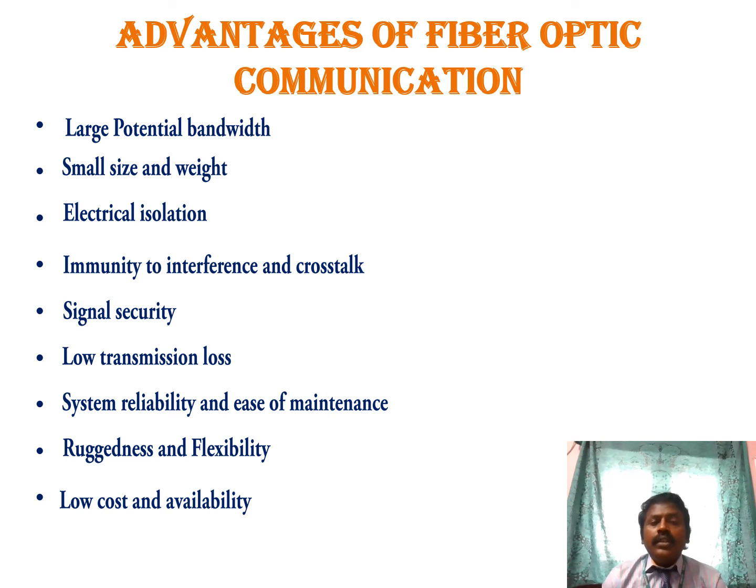Then more signal security, so we can transmit a signal securely from one place to another. And the transmission loss is very low, 0.2 dB per kilometer. Then the system is reliable, and the maintenance is easy compared to other cables like coaxial cable or copper cable. Then ruggedness and flexibility, and finally low cost, and it is easily available.